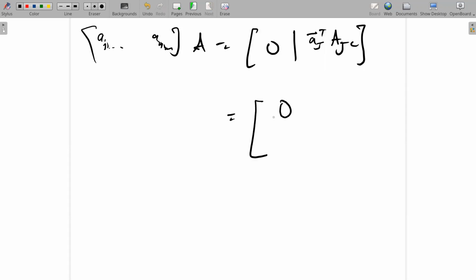So essentially, this will look like zeros because for the ones corresponding to J, we have discarded those EJ transpose. So here you have IN minus M. This is the matrix we want to show is actually not invertible.